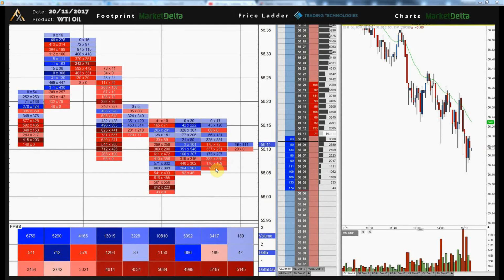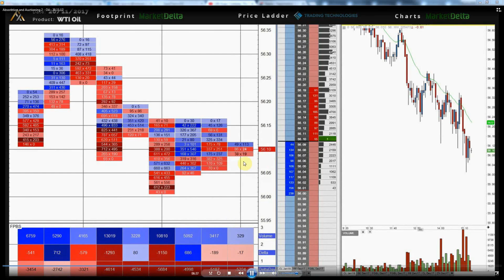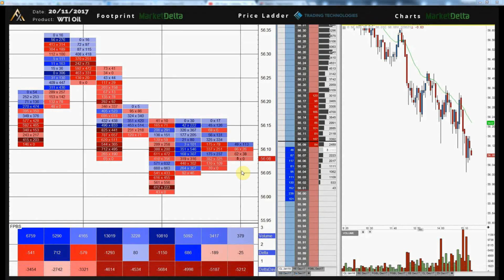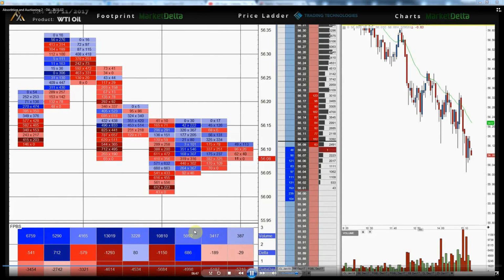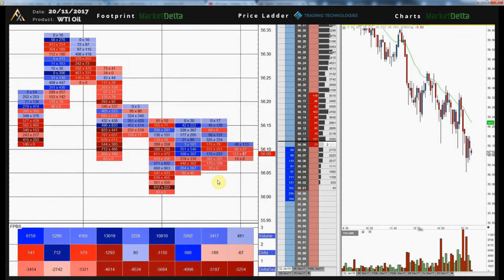Now, do bear in mind, we always want to potentially go with the trend in terms of context. We've observed the trend is to the downside. We can see that with the cumulative delta. And note, we can see relatively subdued volume at the moment. Obviously, we had the 10,000 rotation, and then we had 5,000 and 3,000 rotation. So let's talk this through.